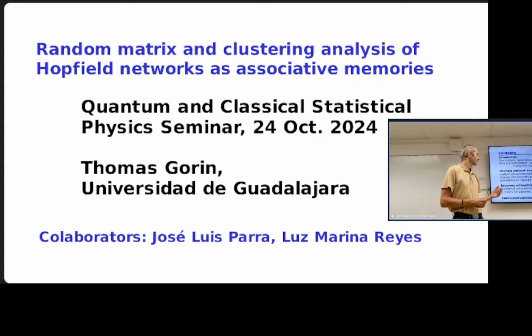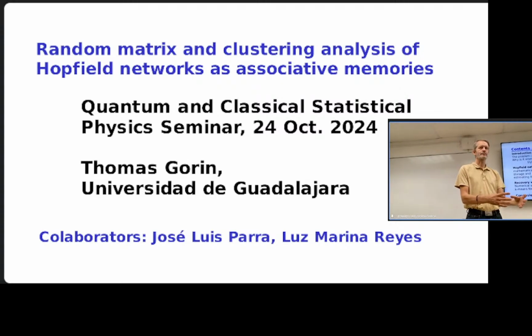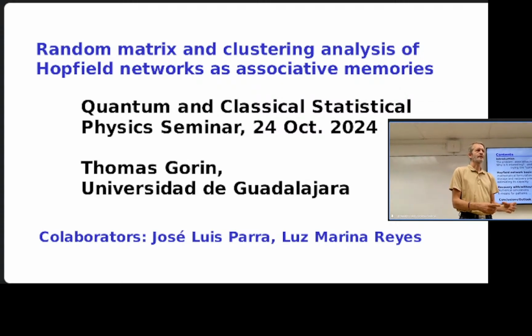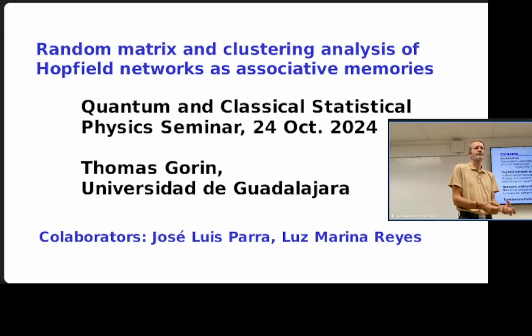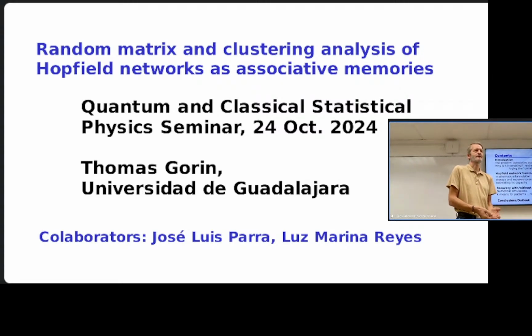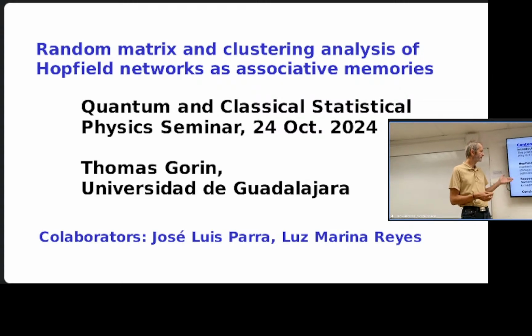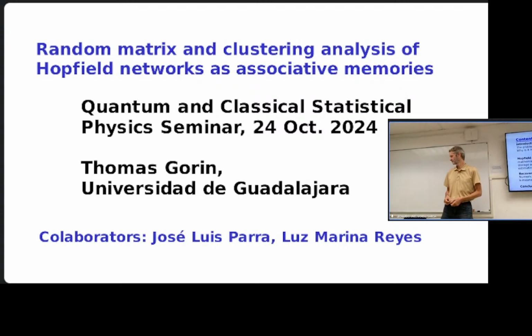In a similar way, if you have this Hopfield network as a black box in front of you, you will see that it is hard to analyze whether information is actually stored in this network or not. And the aim here is to quantify the amount of information stored, provided that you can somehow extract this information.